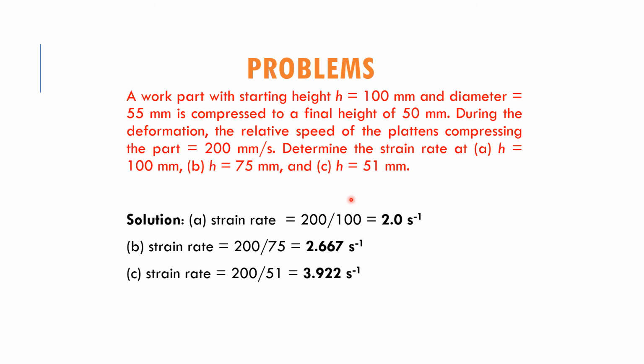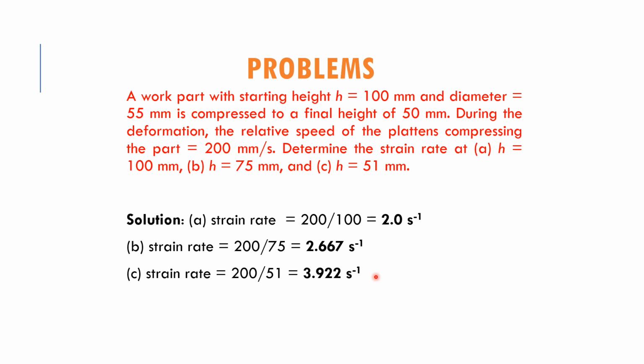The first one is at 100, so you will see that the value is 2.0 per second. When it is decreased to 75 mm, the value becomes 2.667 per second, and the last one at 51 mm will be 3.922 per second.